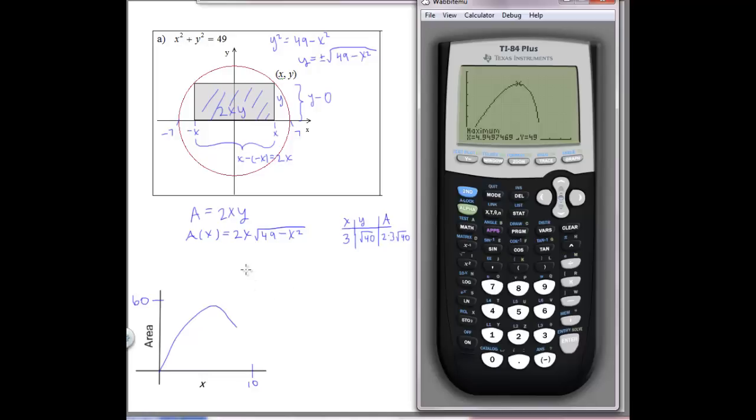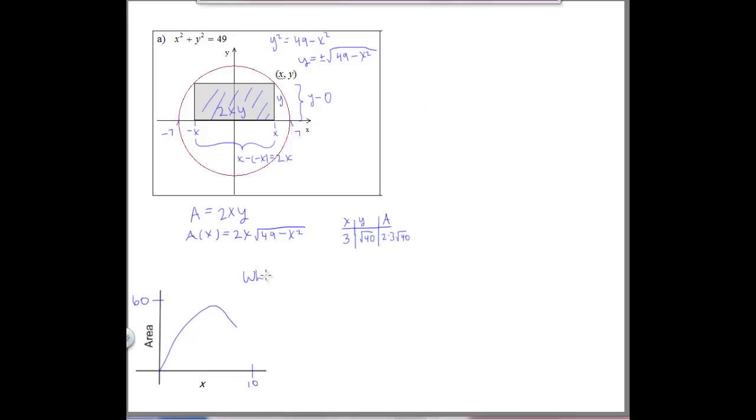So I'm going to finish this off by saying when x equals 4.95, the area is a max equal to 49 square units.